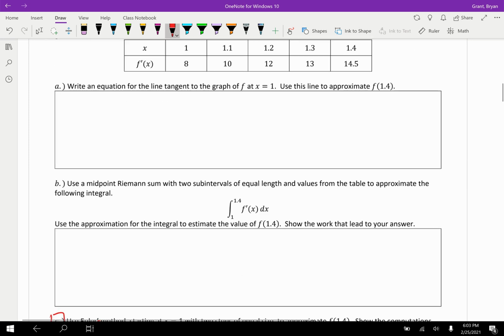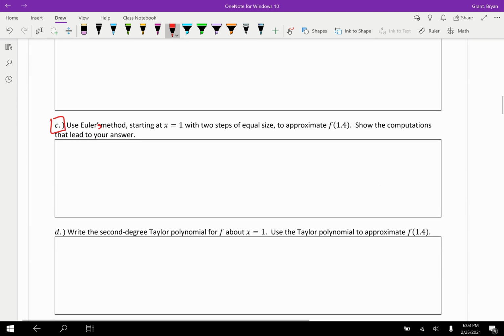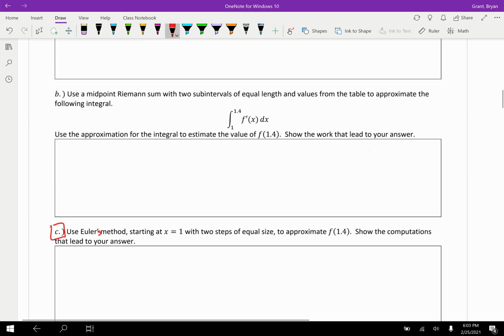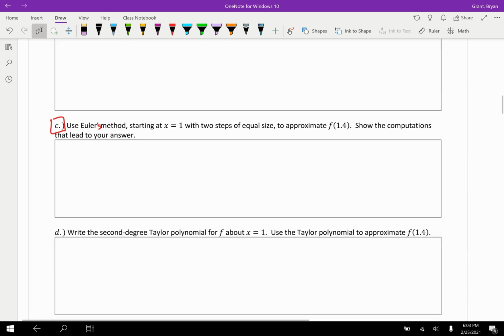B says, we want you to use a midpoint Riemann sum to approximate this and find the value of f of 1.4. C wants you to use Euler's method to approximate 1.4, and D wants you to write a Taylor polynomial to approximate f of 1.4. 4 different methods all to do the same thing.